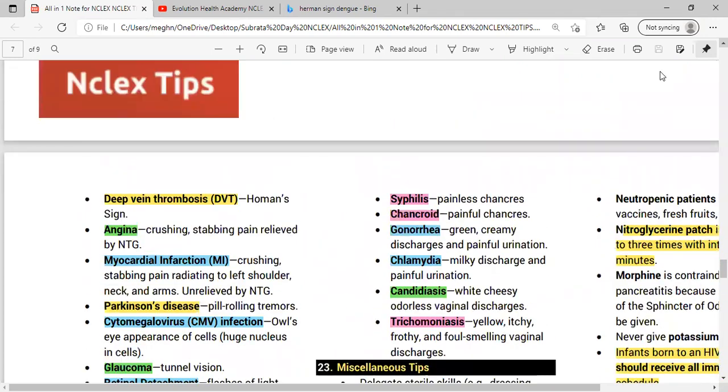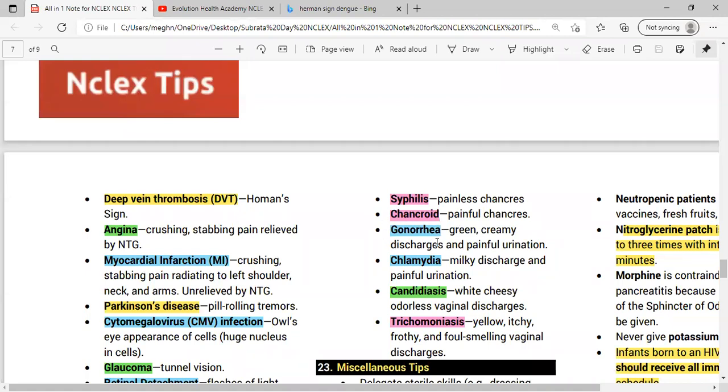Next, in case of syphilis, painless chancre; chancroid, painful chancre. So it is the characteristic of the ulcer. You can easily identify it if the patient gives a history of sexual exposure within 2 weeks and you see a painless or painful chancre.